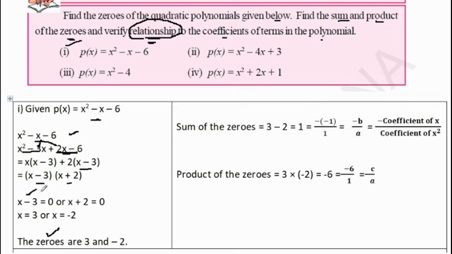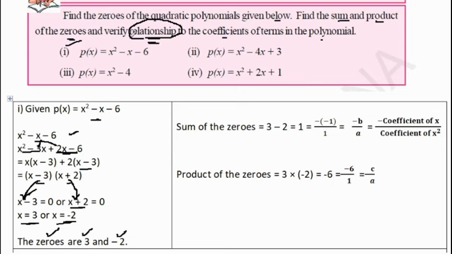So we have to equate with 0 because we have to get the zeros of the polynomial. x minus 3 should be equated with 0 and x plus 2 should be equated with 0. Minus 3 goes to that side, so x is equal to 3, plus 2 goes to that side, x is equal to minus 2. So zeros are plus 3 and minus 2.